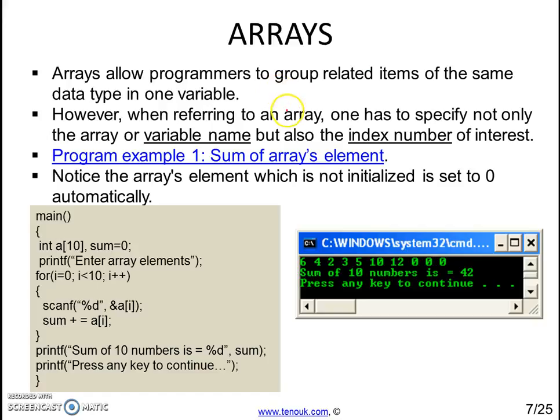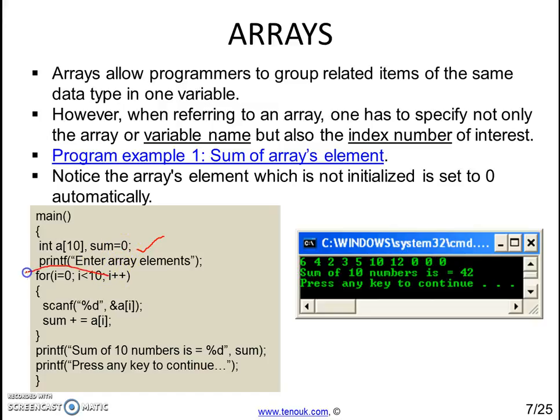Now, how are we going to access this array through C programming? We are taking an example, the sum of array elements. In this example we are entering data into an array, and then we are adding the values in the array. To start with, in the first statement, we have declared an array of 10 elements. A is the name of the array, and we have taken one variable and initialized it to 0.